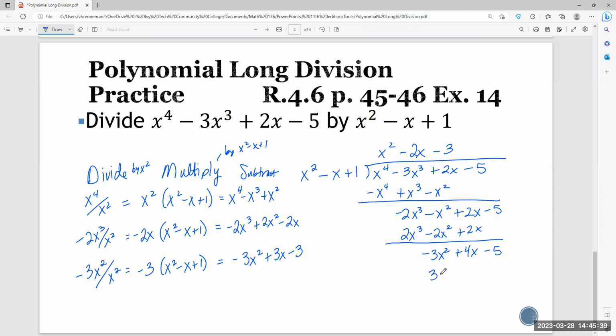So it becomes 3x squared minus 3x plus 3, and that is x minus 2. Now the result is down to a lower degree than the divisor. So this is now the remainder, x minus 2, and the quotient is x squared minus 2x minus 3. So that's polynomial long division.